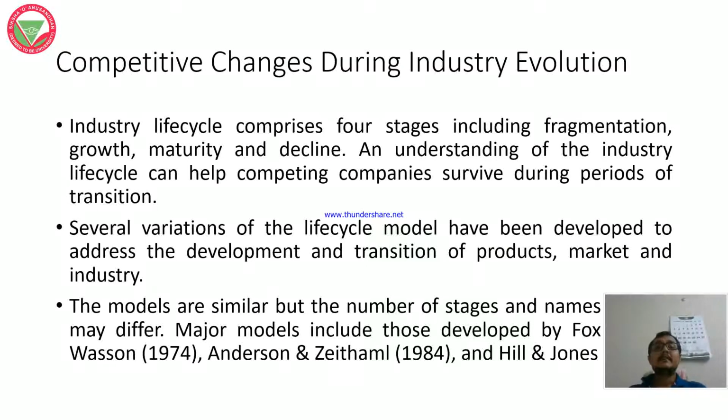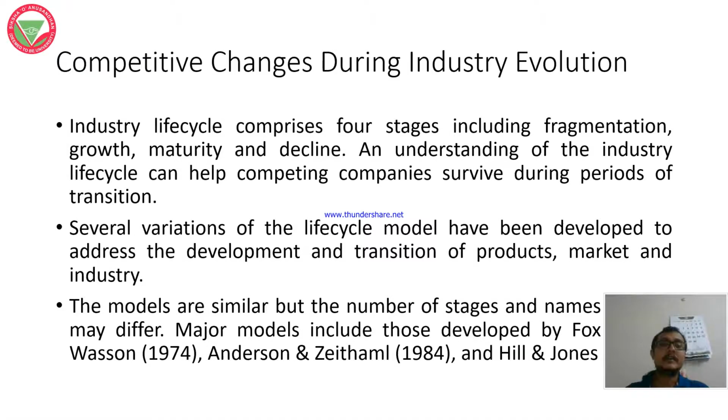Now, the next topic of discussion is about competitive changes during industry evolution. Till now, we have covered product life cycle analysis. The next one that I will be discussing is the industry life cycle. Industry life cycle is more or less similar to your product life cycle, and the stages are almost the same but with different names.